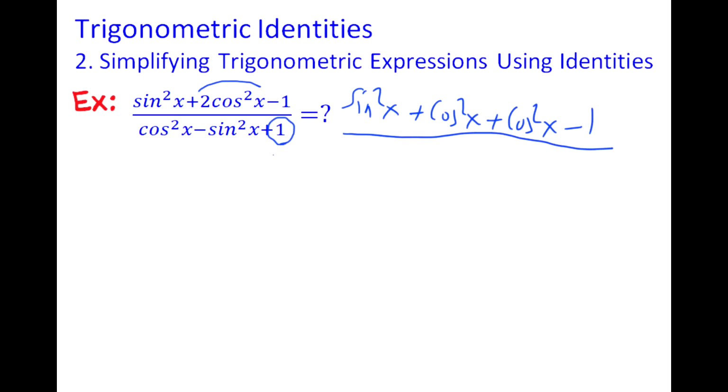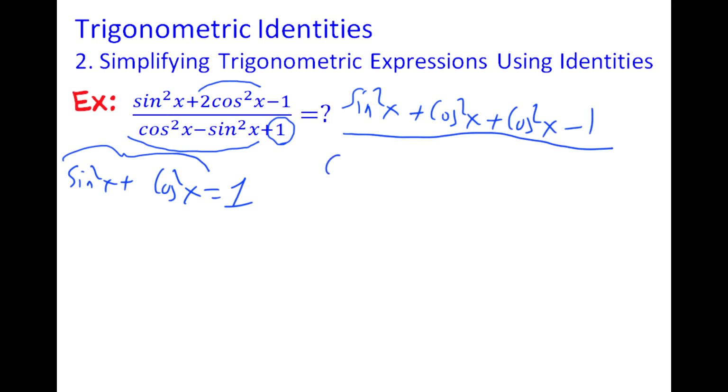We all know that sine square x plus cosine square x is 1. So instead of this 1, I'm going to put this identity, which is sine square x plus cosine square x. And once we do it, let me write the first 2 terms first.